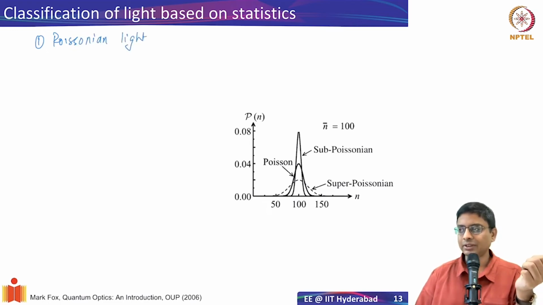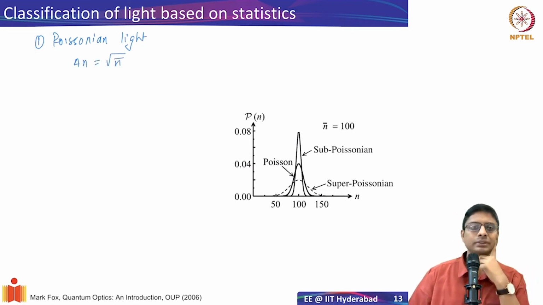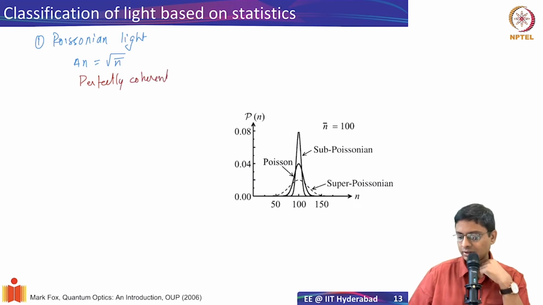Poissonian light. Basically that means that your delta n is equal to square root of n bar. What kind of light source will exhibit this? An example for this is a perfectly coherent light beam.